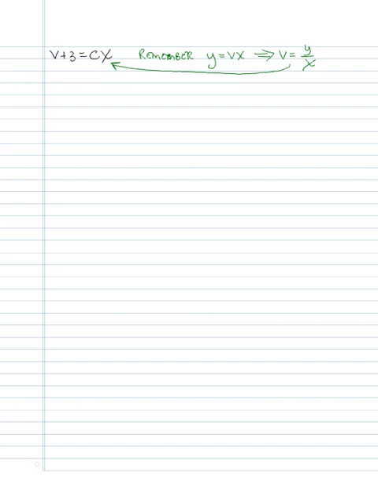Instead of v plus 3 is equal to c times x, we'll say y over x, plus 3, is equal to c times x. Now, we'll clear the fraction by multiplying through by x, so that will leave y plus 3x is equal to c times x squared on the right side.